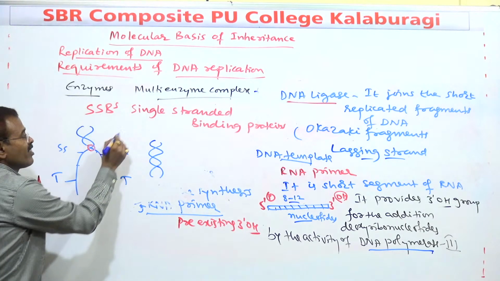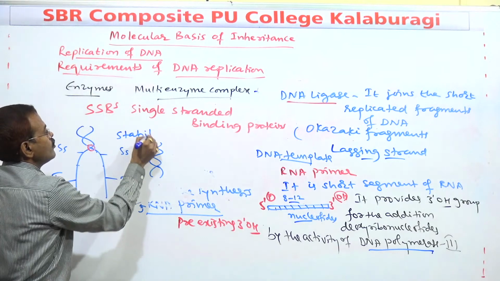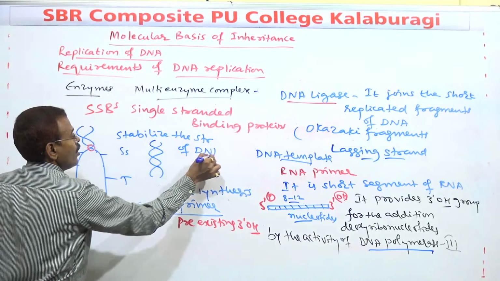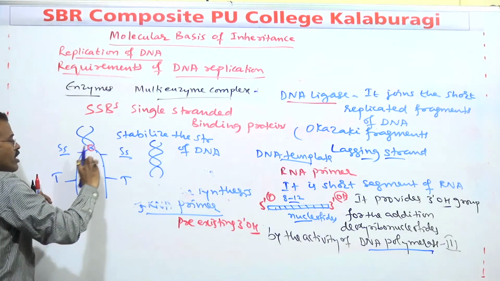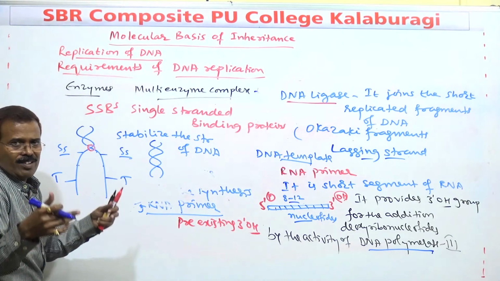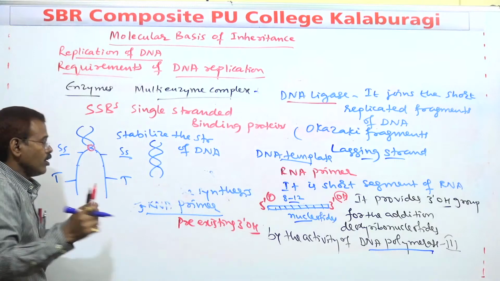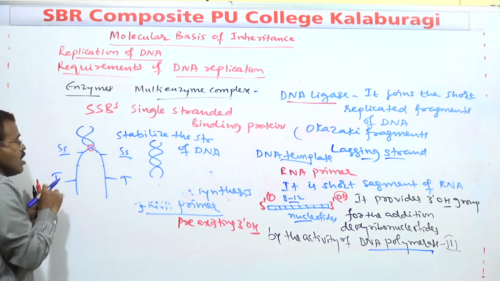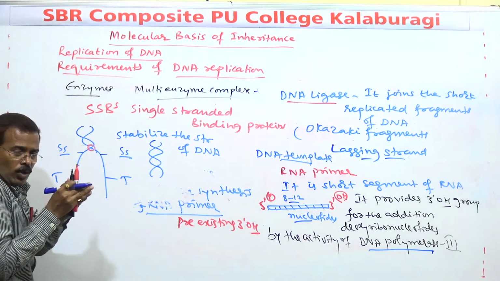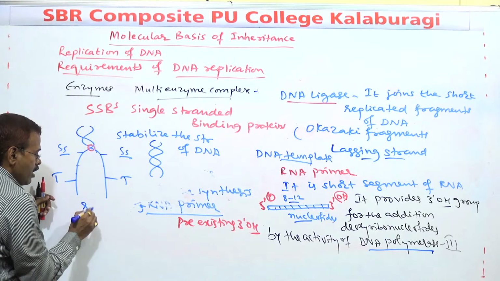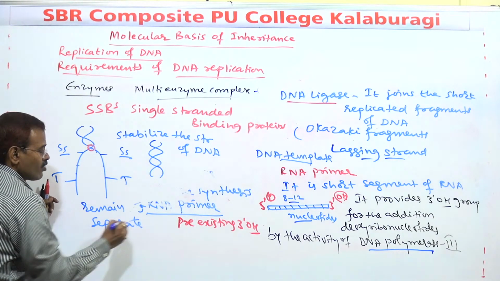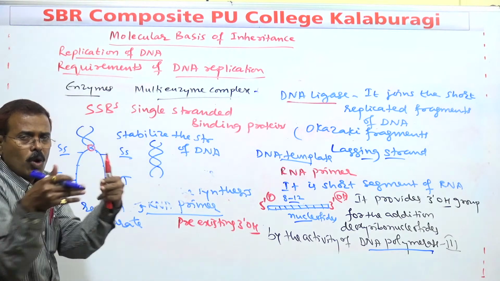And to stabilize the structure of DNA, which is single-stranded in this region. After unwinding, DNA is usually double-stranded, which is stable when it is double-stranded. So here it is single-stranded. To stabilize the structure of the DNA and to make sure these two strands remain separate, they do not reseal, they do not rejoin.